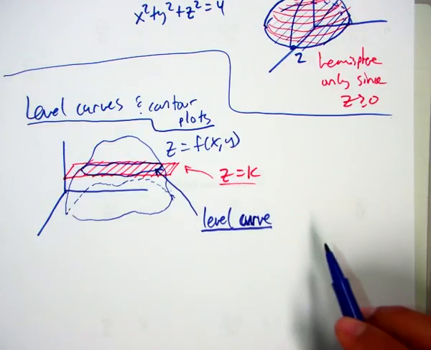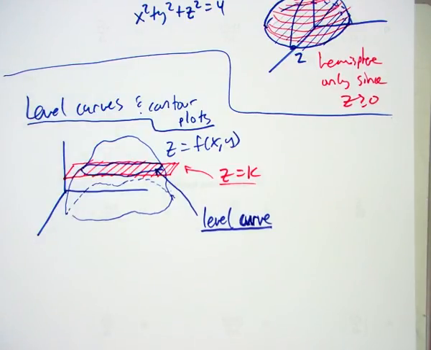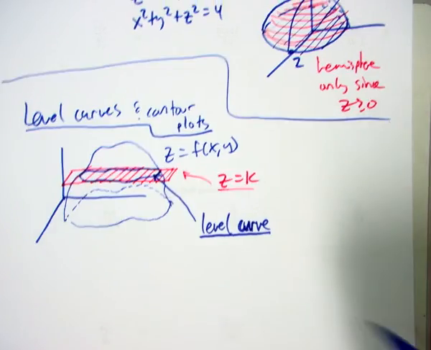So if you imagine any three-dimensional surface and just slice through it, the curve that you get as a result, that's what we mean by level curve. Okay, so I mean, we could actually talk about several of these right now. So here are some examples.